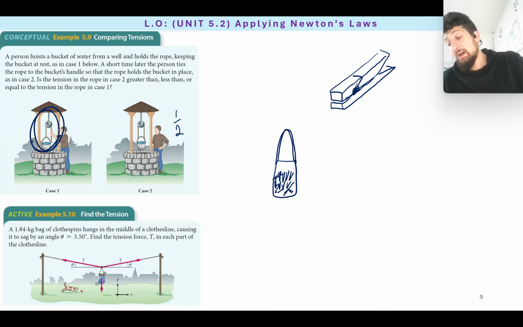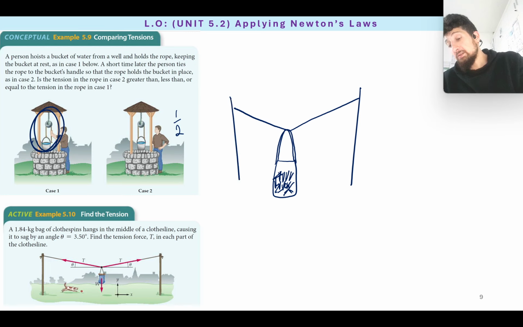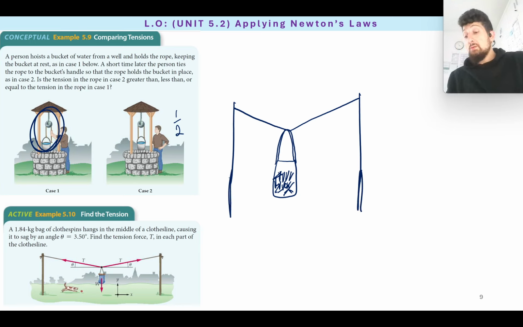So we have a bag, and the bag is sagging. The bag is sagging, but it's being held by two poles. Let me draw the poles a bit more straight. So the first thing that's quite obvious is that there's a weight force pulling down, mg.